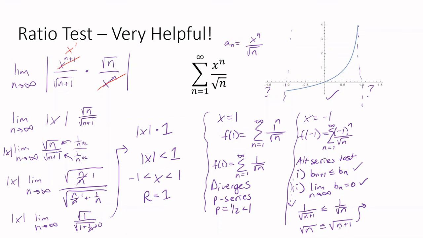Because everything is positive here, you can square both sides, and then you get 0 is less than or equal to 1. That's true. So a couple different ways you could attack that, but you end up getting that this converges by the alternating series test, and so we would say include that. And there you go. So hopefully not too bad.